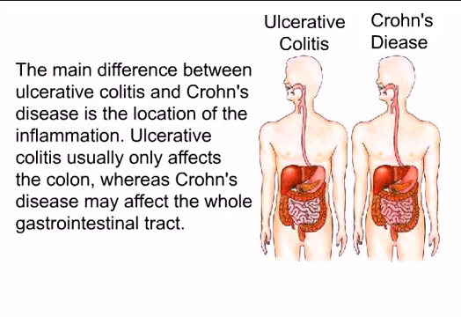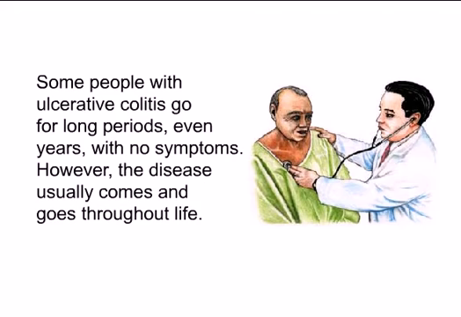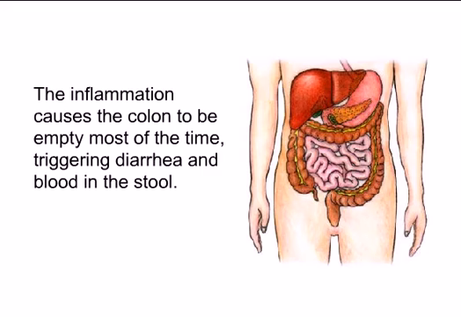Ulcerative colitis usually only affects the colon, whereas Crohn's disease may affect the whole gastrointestinal tract. Some people with ulcerative colitis go for long periods, even years, with no symptoms. However, the disease usually comes and goes throughout life. The inflammation causes the colon to be empty most of the time, triggering diarrhea and blood in the stool.